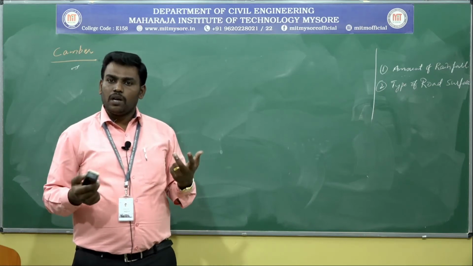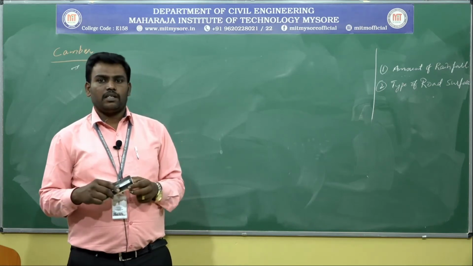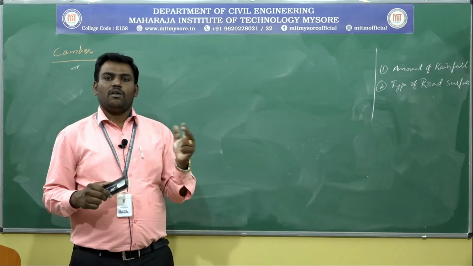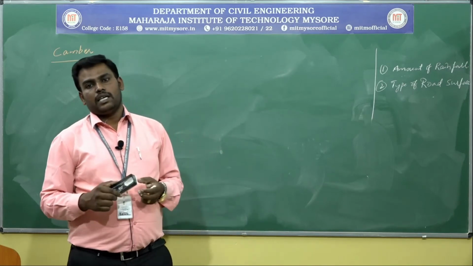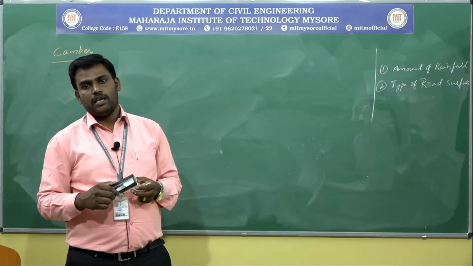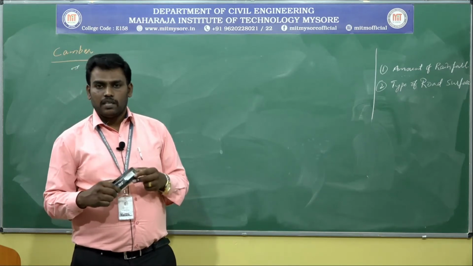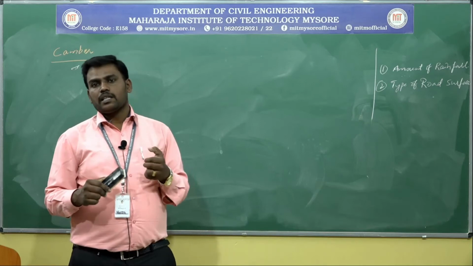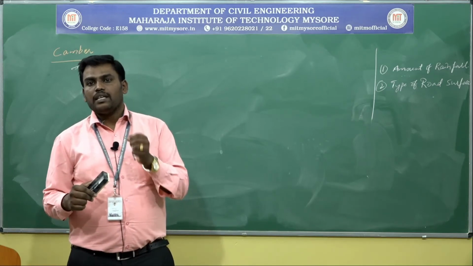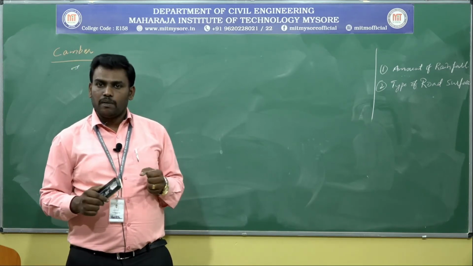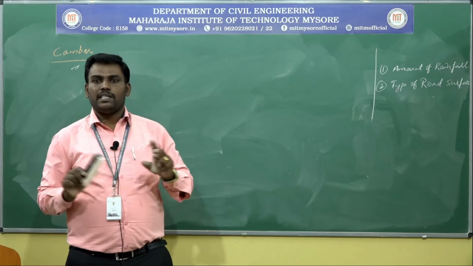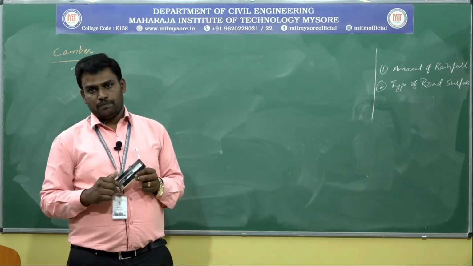Second one is heavy loaded vehicles may topple over easily. Third one, the edges of the pavement wear out faster than the center. Is it clear? That's why while providing the camber, we have to provide an adequate one. Don't provide excessive camber.